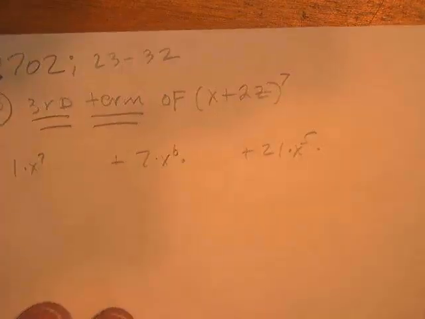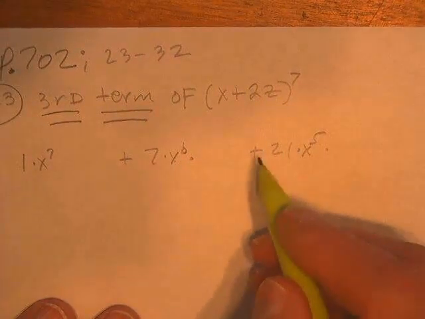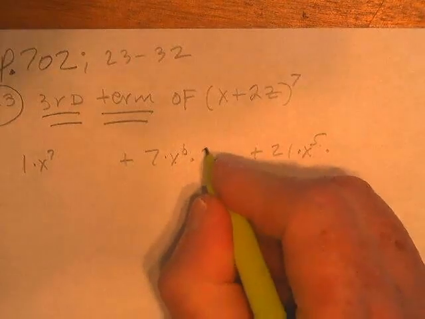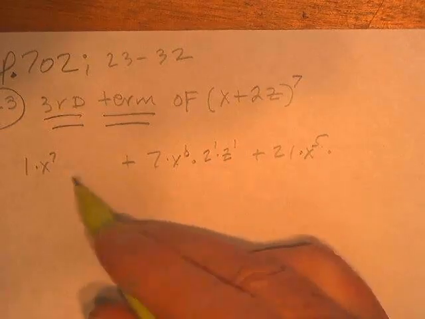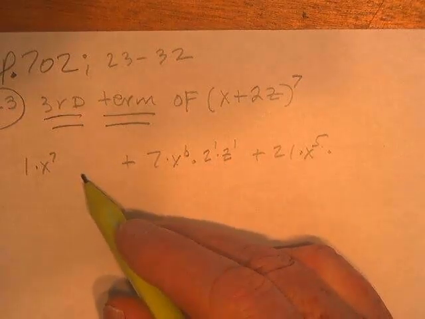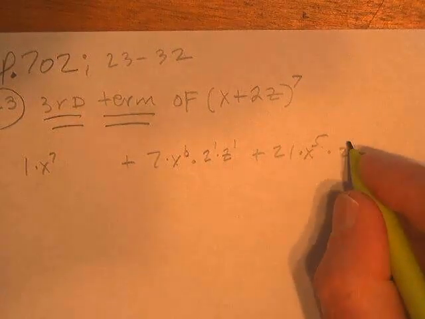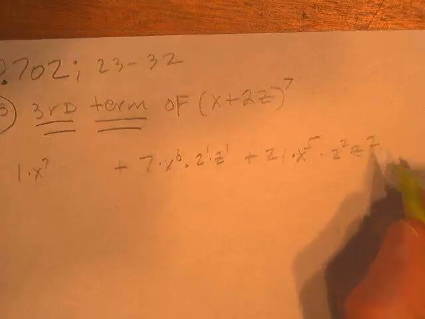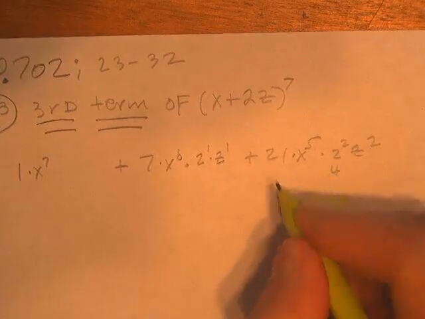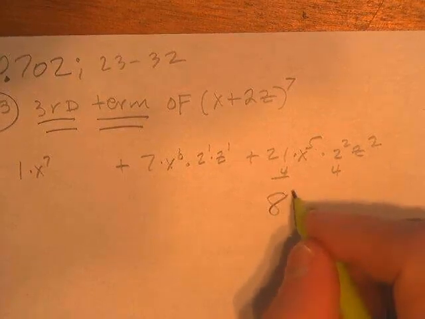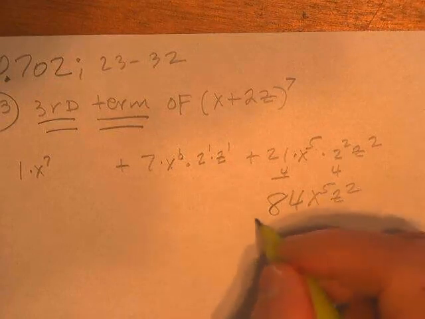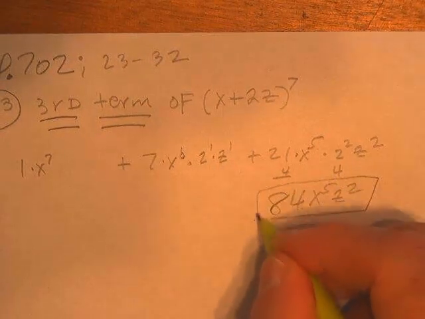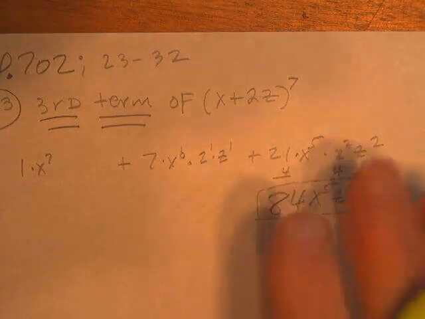Because I know whenever it tracks back over this way, right here I'm going to get 2 to the 1st, z to the 1st. Because this one's going to end and the 2 and the z aren't going to be on the first term. So here I want 2 squared, z squared. Let's see, that's 4. 4 times 21, that's 84. X to the 5th, z squared. And there's my answer.